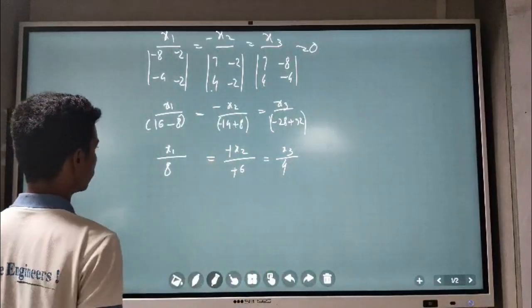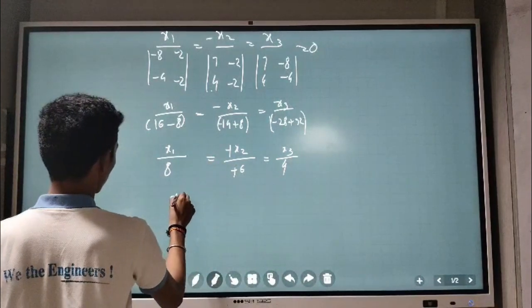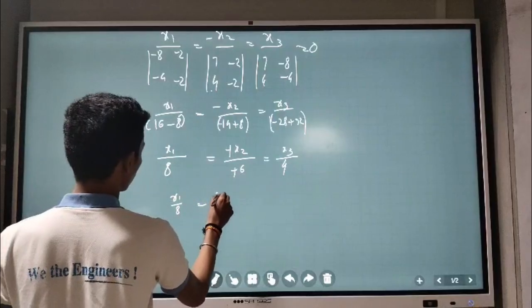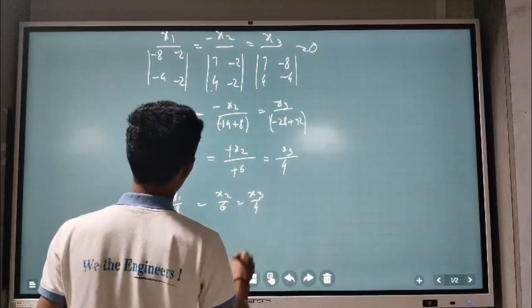So minus minus cancels and we get x1 is 8, x2 is 6 and x3 is 4.